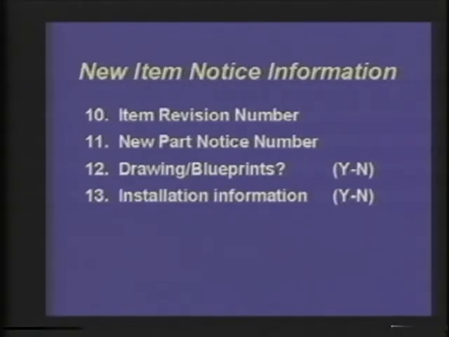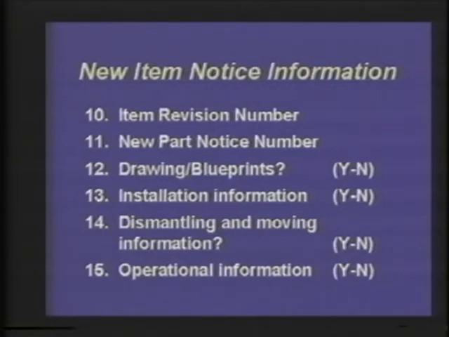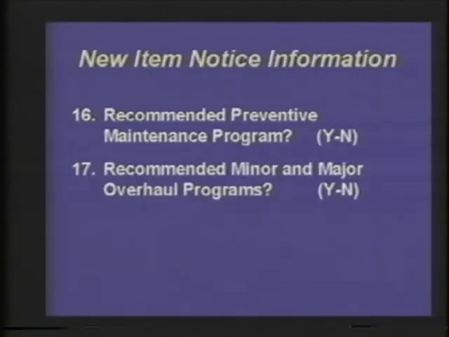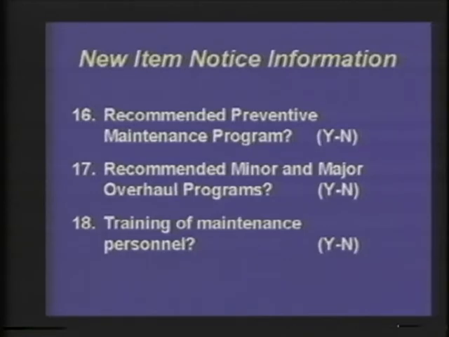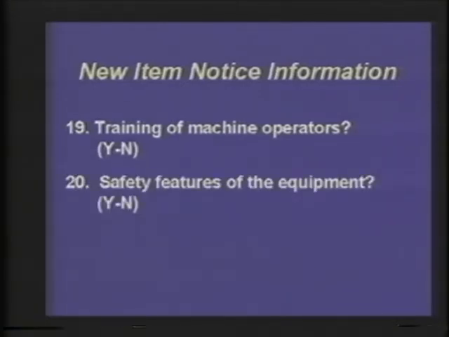Now you see we're looking at equipment or assets here: dismantling and moving information, operational information, the recommended PM program, under 16 and 17 the major and minor overhaul, and then 18 is the training of maintenance personnel for that asset, the training of machine operators for that asset, the safety features under 20 for that equipment or asset.